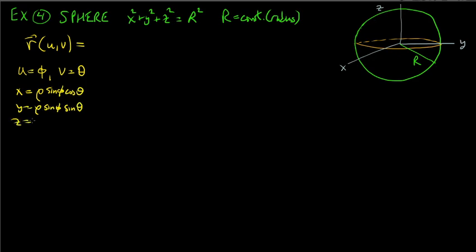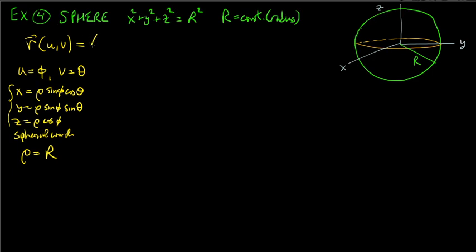And z was rho cosine of phi. Right. So these are on your formula sheet. That's just the standard spherical coordinates. Right, and rho is the distance from the origin, but for a sphere, rho is a constant, right? It's just the radius. So this only depends on two angles, phi and theta.